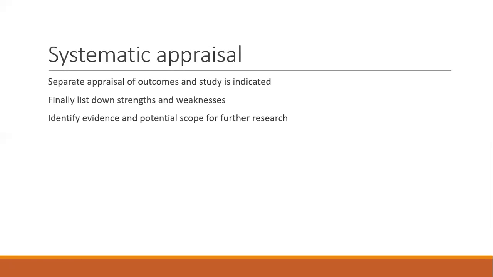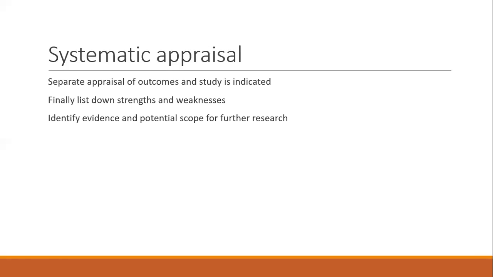When you finish this, finally you will list down strengths and weaknesses along with your critical appraisal score. Then you decide what happens here in evidence. Evidence is hierarchical, but evidence is not just hierarchical. Systematic reviews will be the top of the pyramid.